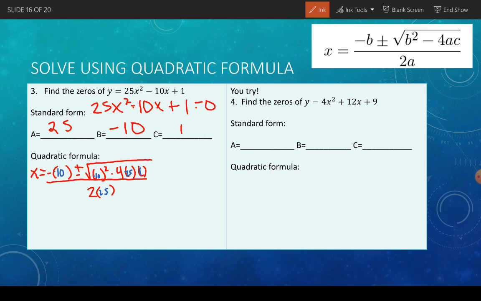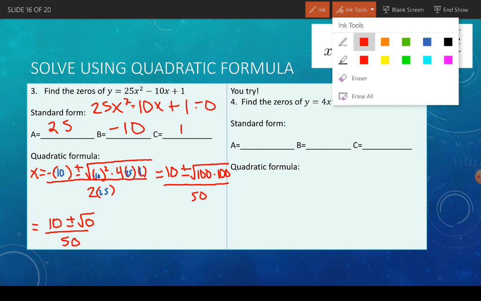Okay, so this simplifies to negative times a negative 10, positive 10, plus or minus the square root of 100 minus 100 all over 50. And that simplifies to 10 plus or minus the square root of 0 all over 50.